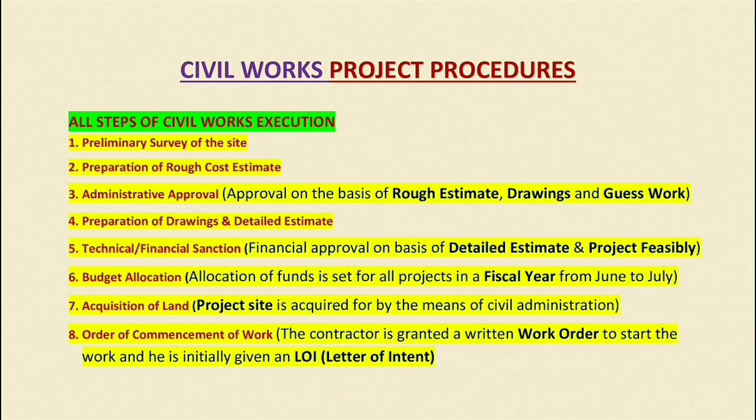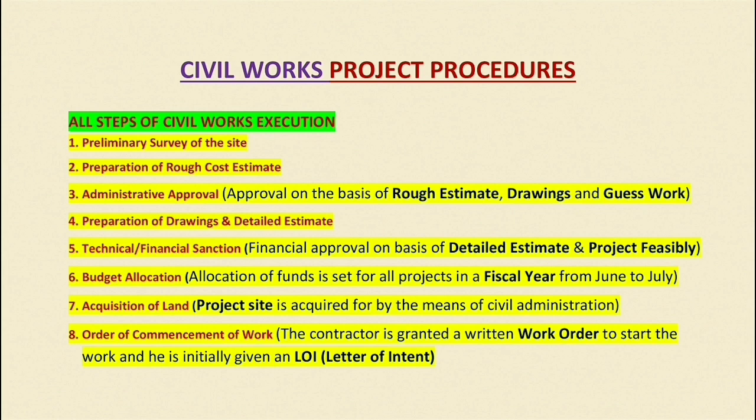In the fifth step, technical and financial approval is acquired. It's also known as technical and financial sanction. This approval is acquired on the basis of the detailed estimate and project feasibility, whether the project is feasible or not, or the management decides whether they should carry out the project or not.